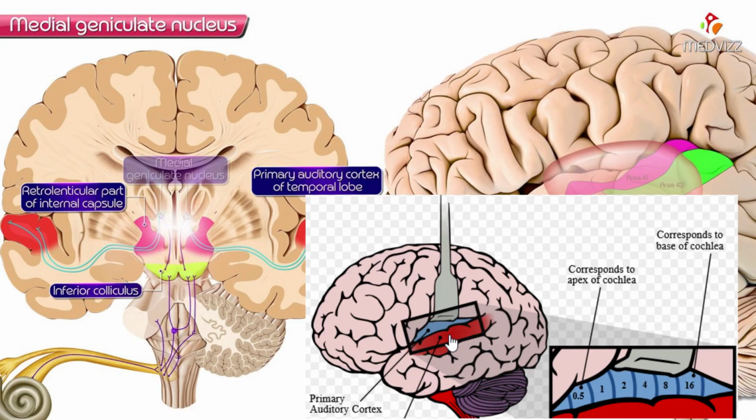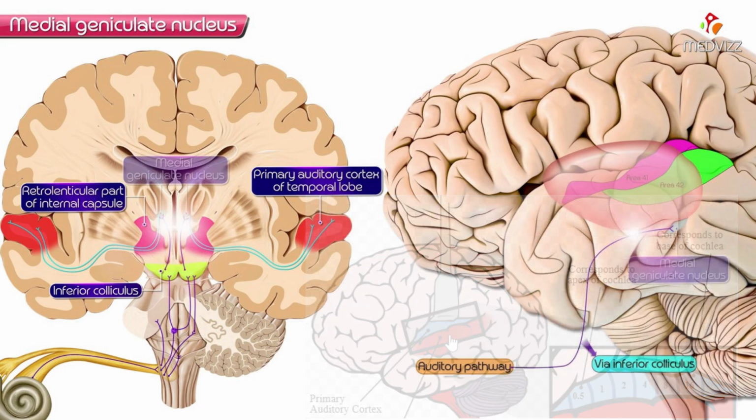It also receives feedback from the auditory cortex, and this feedback can modulate thalamic activity, serving as a top-down control mechanism. Now, the corticothalamic connections enable the cortex to influence which sensory inputs are highlighted or suppressed, which obviously contributes to gain control and filtering of auditory signals.